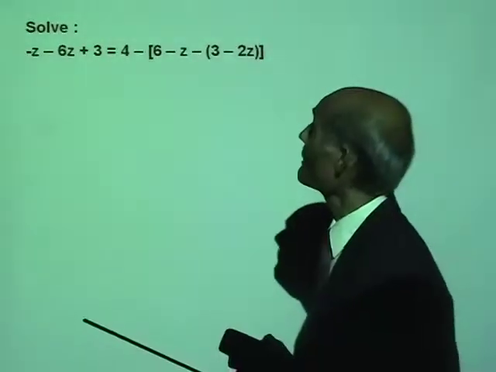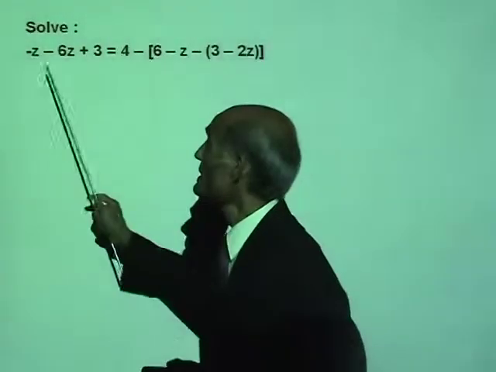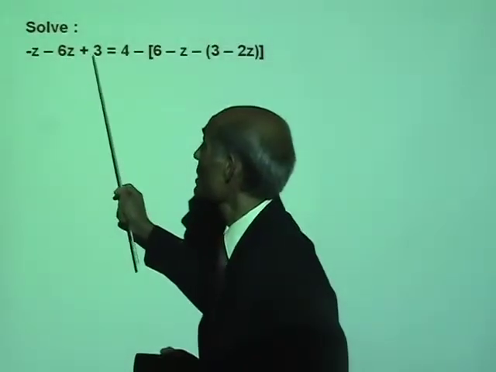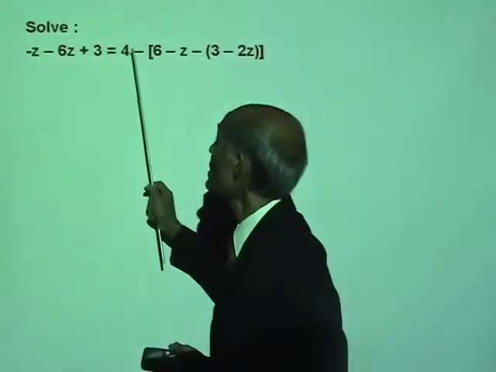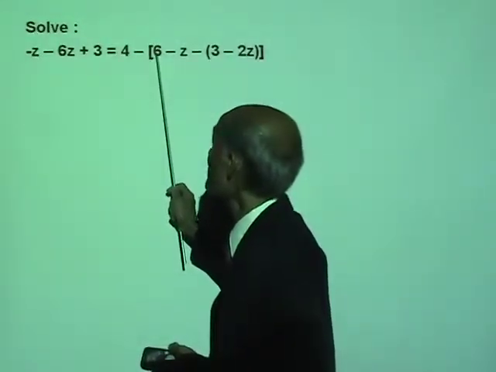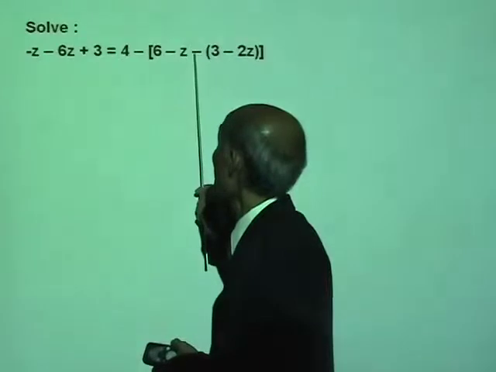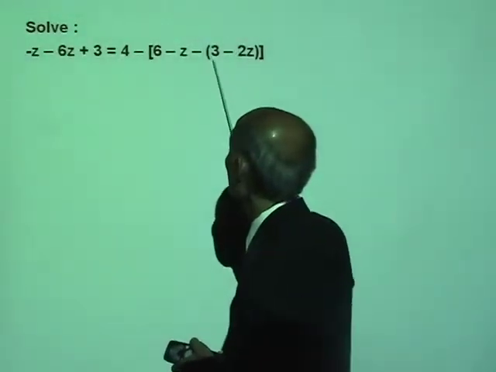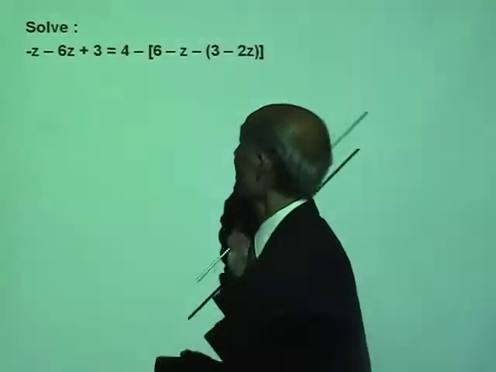Let's try another one. Solve negative z minus 6z plus 3 equal to 4 minus, in brackets, 6 minus z minus 3 minus 2z in parentheses, and the bracket closed.